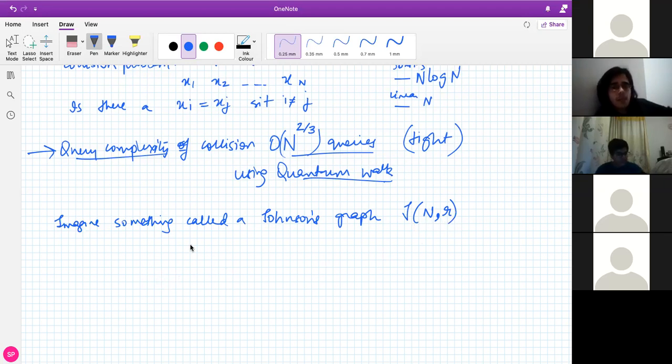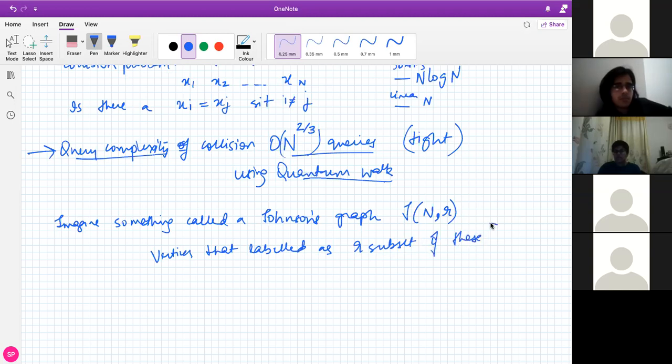You have vertices that are labeled as r-subsets of these n indices. Meaning, in total, the number of vertices is going to be n choose r.